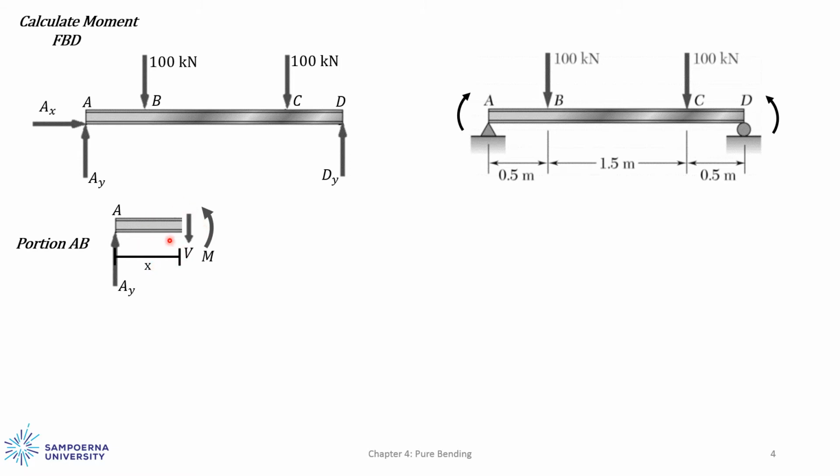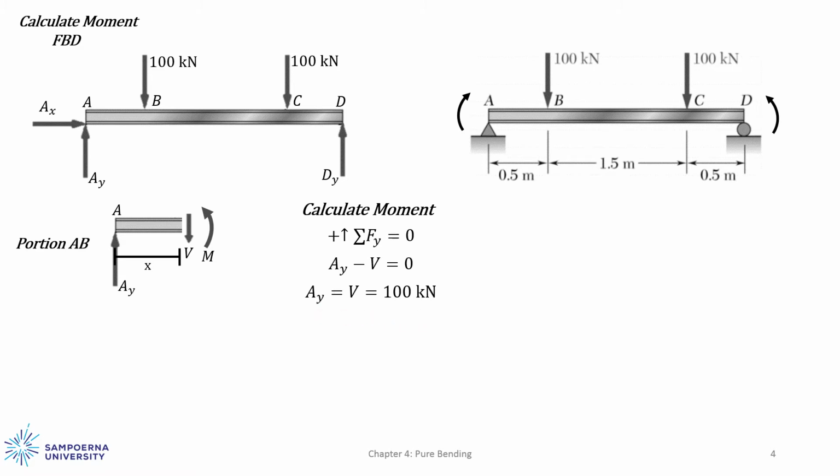We call it the internal bending moment, or M. And we can get the value of moment from this. Using sigma force in y equal to 0, we get V equal to AY, which is 100 kilonewton.